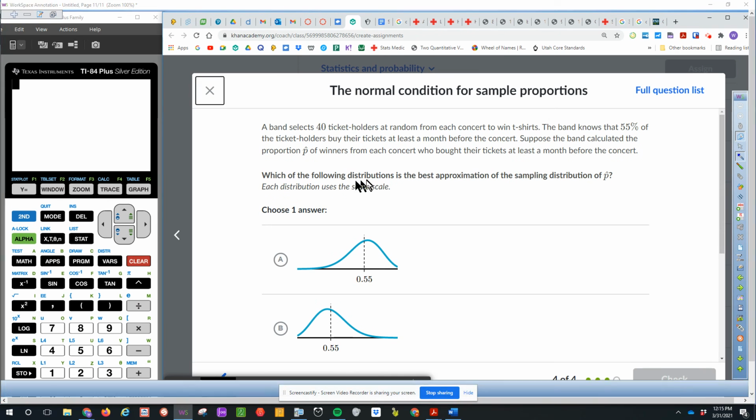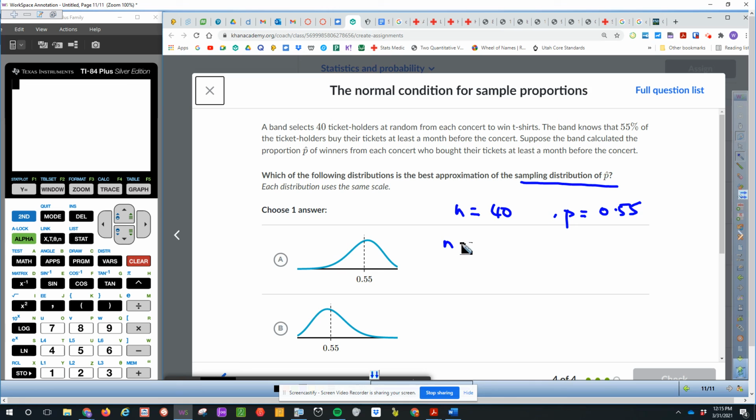Same idea. You're looking at the sampling distribution of the sample proportion. I need the n, which is 40 ticket holders, and the p, which is 0.55, because 55% of the ticket holders buy their tickets at least a month before the concert. So n times p is 40 times 0.55, and that is 22. Woohoo! Greater than or equal to 10.